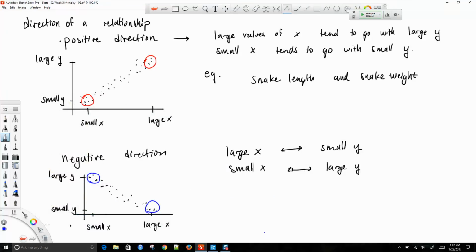An example of this could be, let's say you're looking at the used car market, used car prices. If we say x is the mileage on the car, and y is the sale price.